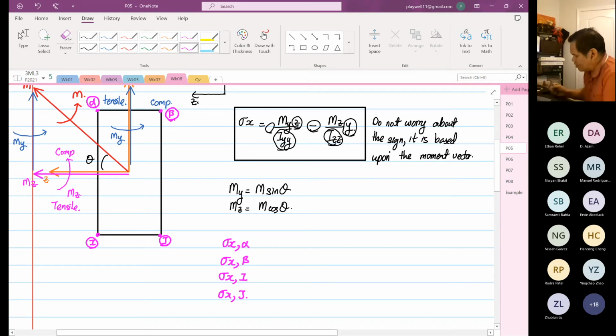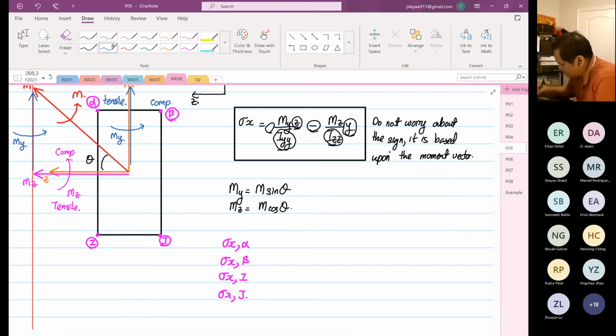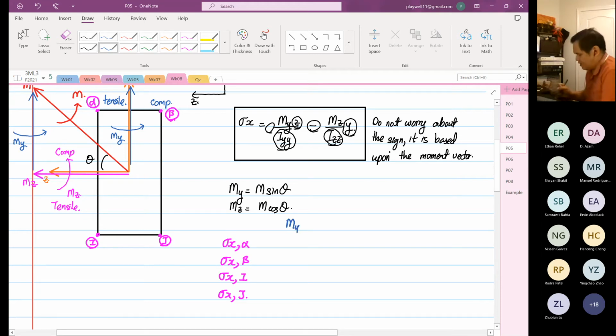Then we are going to look at the moment Y. So moment Y, I use blue color, so I'm going to write my. If you look at my, alpha is in tensile. Yes or no?